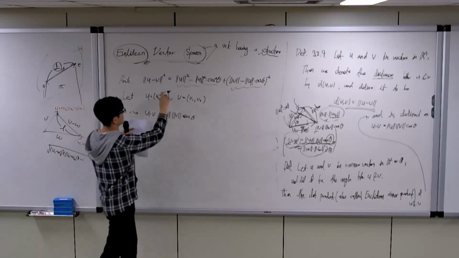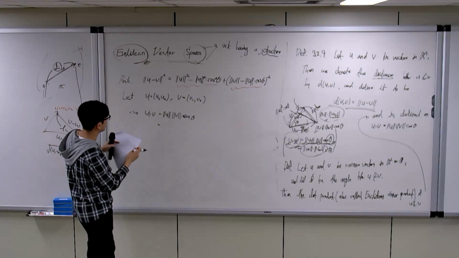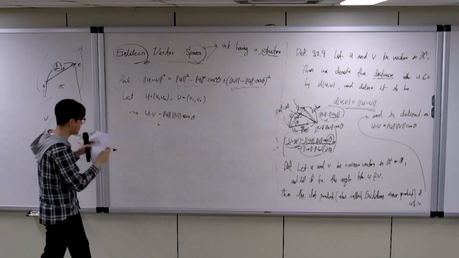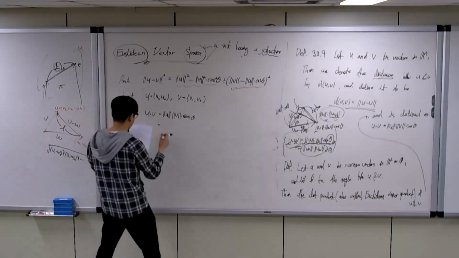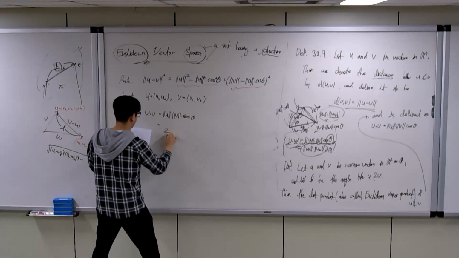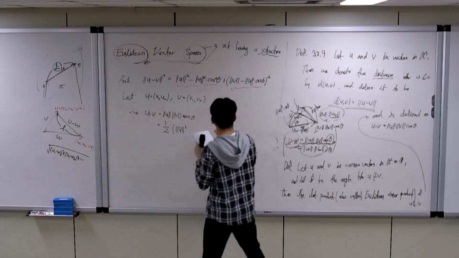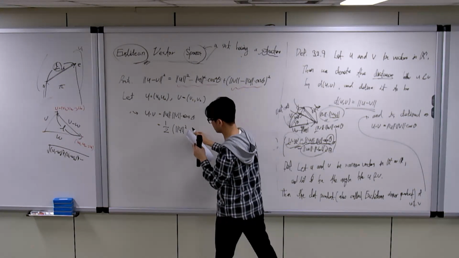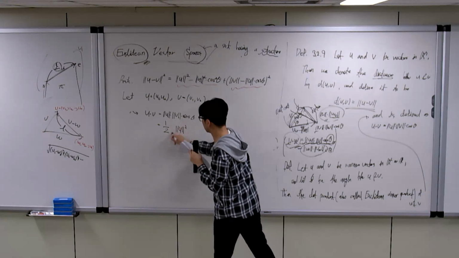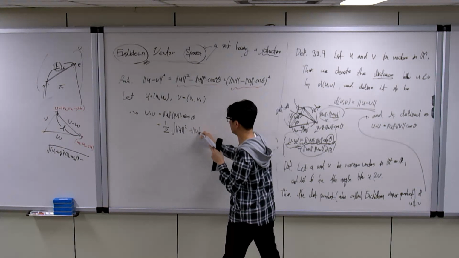And by using this, it is the value of 1 over 2 of U square plus V square. I think I misnoted in my lecture notes.